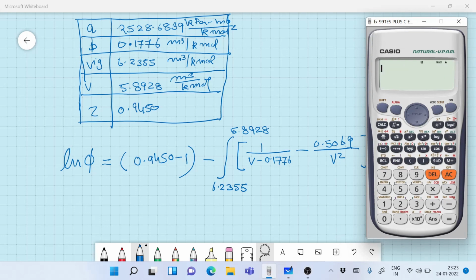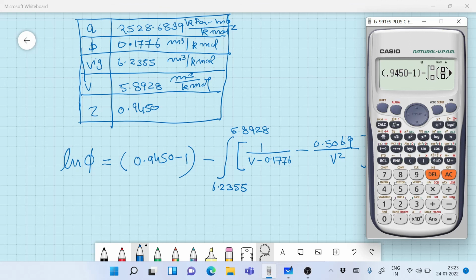Now let us really ask the calculator to do the number crunching. So that's 0.9450 minus 1 minus integral, start and end the bracket because we have two terms.